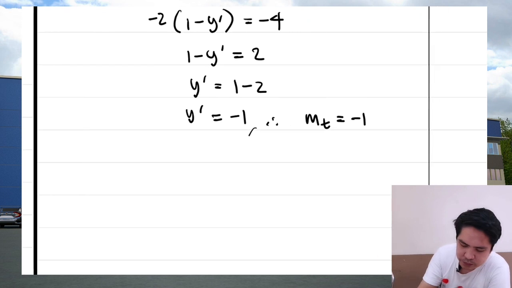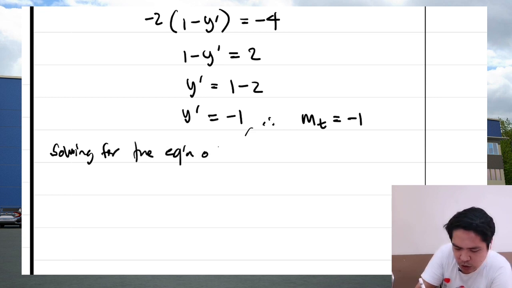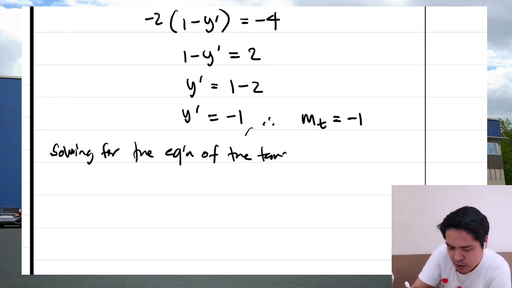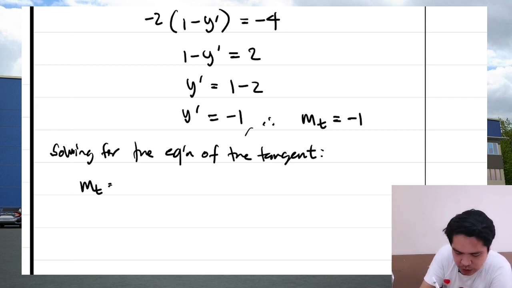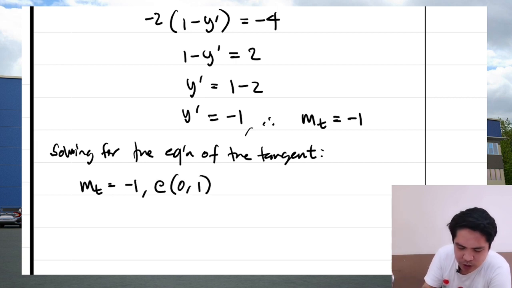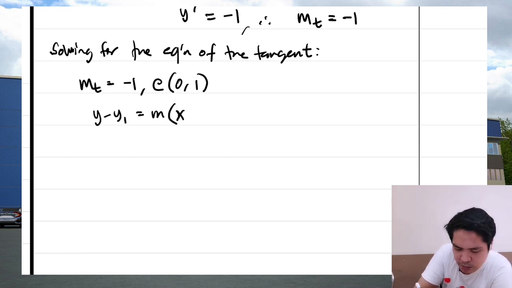Okay? Now, let's solve for the equation of the tangent. So, solving for the equation of the tangent. Okay? So, we have the slope of the tangent, which is equal to negative 1, and the point of tangency is at 0, 1. So, therefore, using the point slope form, we have y minus y1 equal to m times x minus x1.